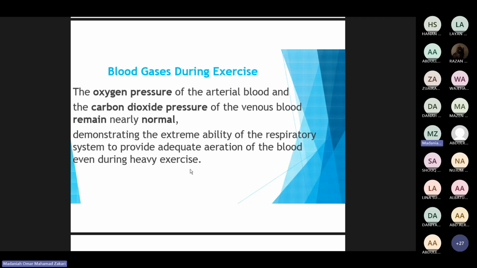So yes, this is important. We know that there is something called homeostasis of these levels at rest or during exercise. This should not change. This indicates what? It indicates that there is an extreme ability of the respiratory system to provide adequate aeration for the blood even during heavy exercise.